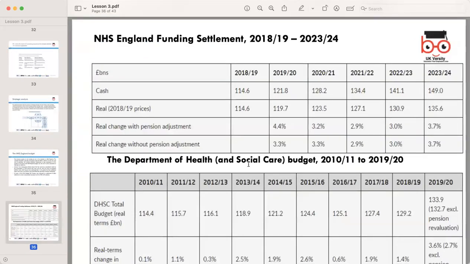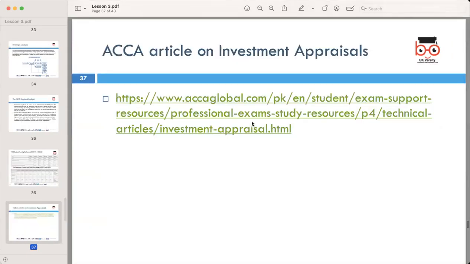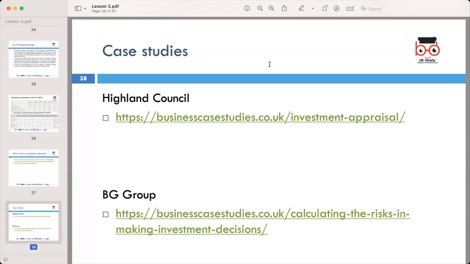NHS England funding settlement. You can read these calculations in the ACCA article, and if you want to read some articles about investment appraisals, then you can go to the ACCA website. Highland Council case studies.